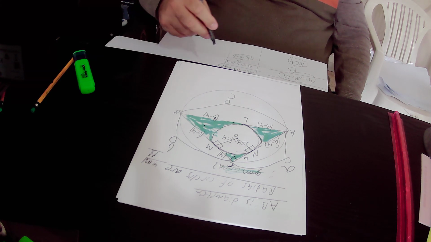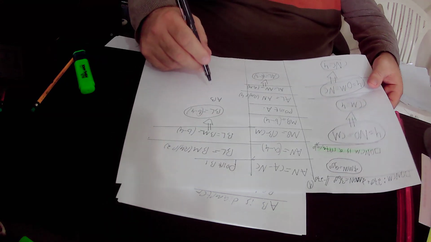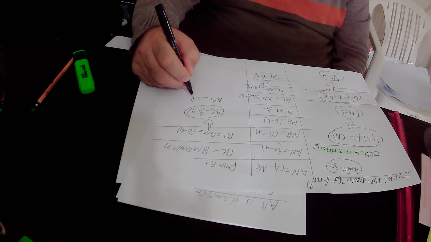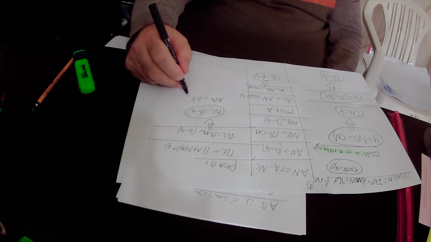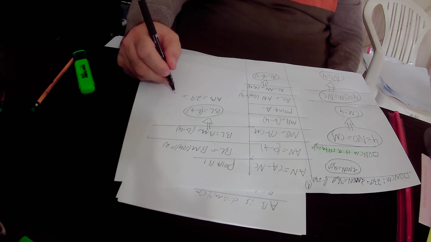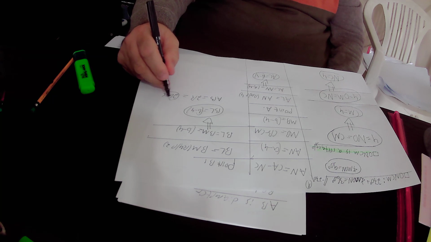So if the radius of this circle equals capital R, then AB must be equal to 2 times capital R. But it is given in the question that the radius of the big circle equals 13 units. Therefore, the diameter of the circle will be equal to 2 times 13, that is 26 units. So AB equals 26 units.